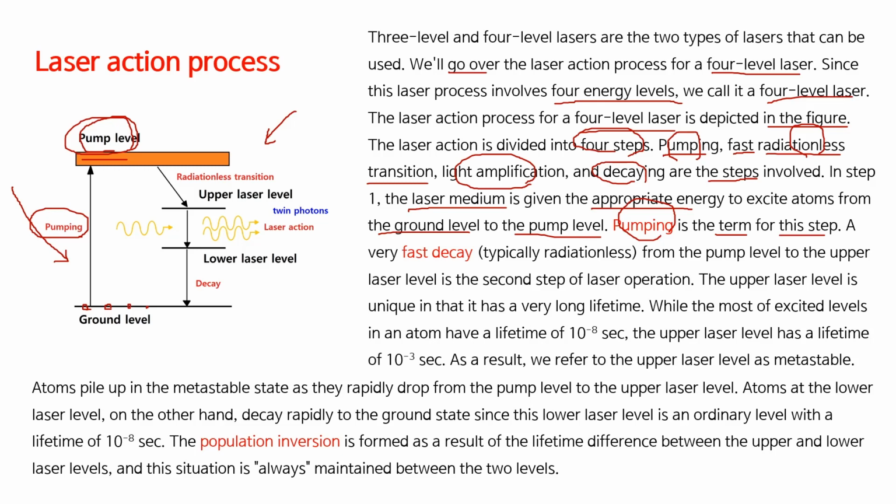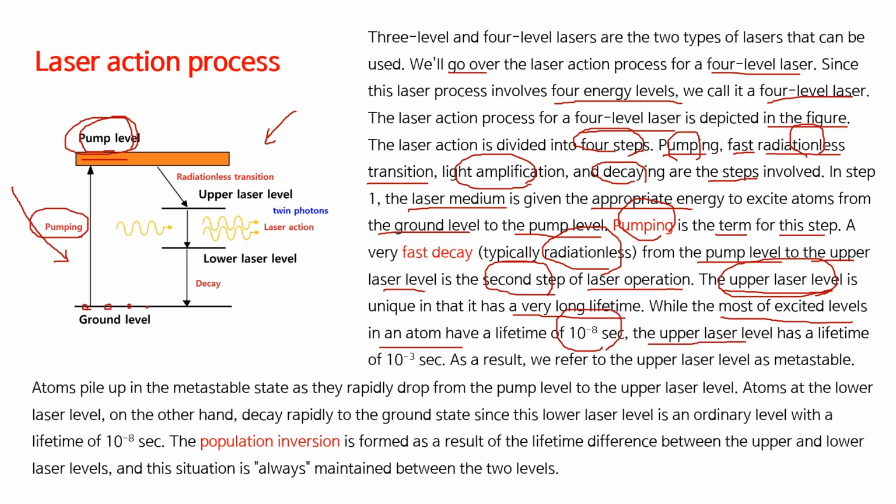A very fast decay, typically radiation-less, from the pump level to the upper laser level is the second step of laser operation. The upper laser level is unique in that it has a very long lifetime, while most excited levels in an atom have a lifetime of 10 to the minus 8 seconds.